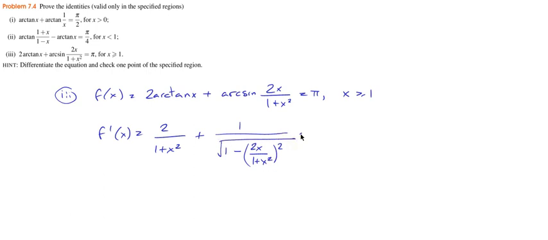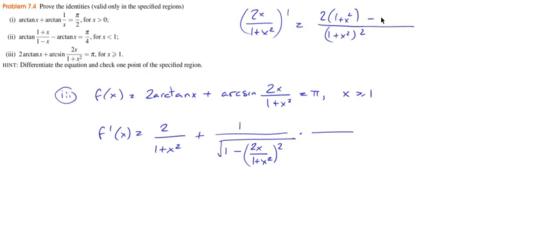And then multiplied by the derivative of this, which is, let's compute this, the derivative of 2x over 1 plus x squared, we have 1 plus x squared squared, 2 times 1 plus x squared minus, and then we have 2x times the derivative of this, which is 2x, so we have times 2x, right?